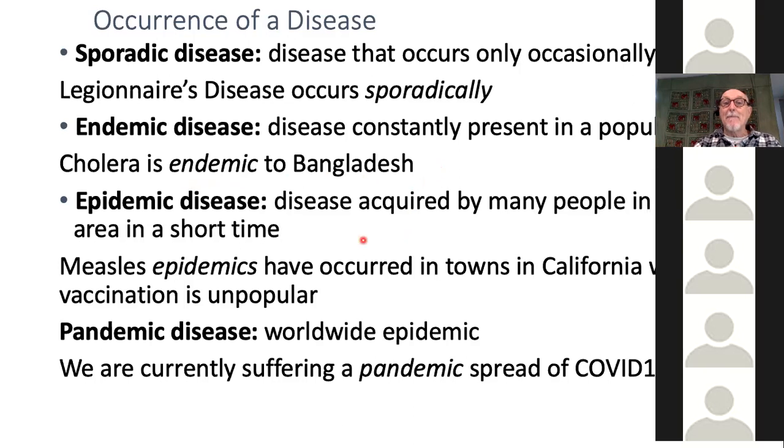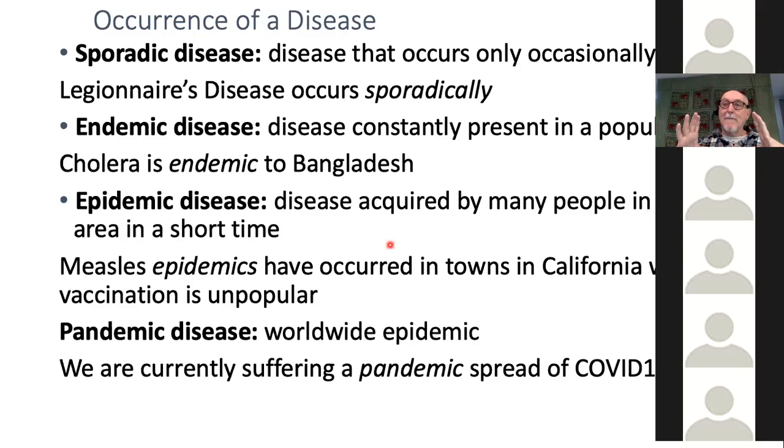So an epidemic disease is one which is acquired. Let me just say this. In an endemic situation, for example, you often find a baseline level of infections present. Epidemic is where the number of cases suddenly increases from a baseline in a specific area.